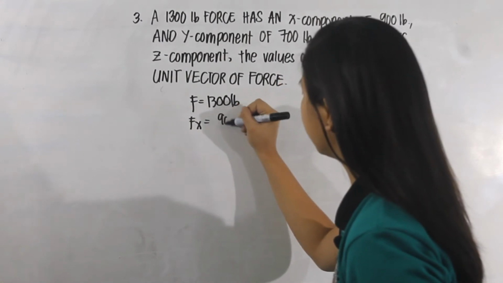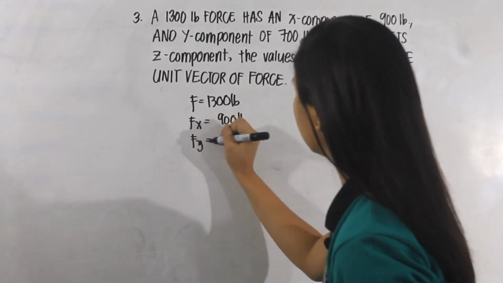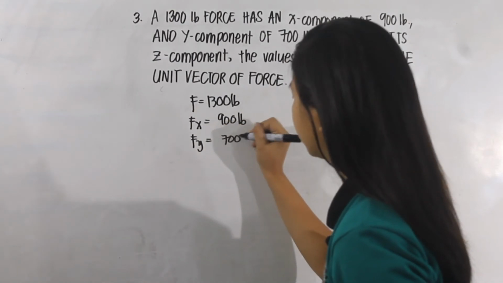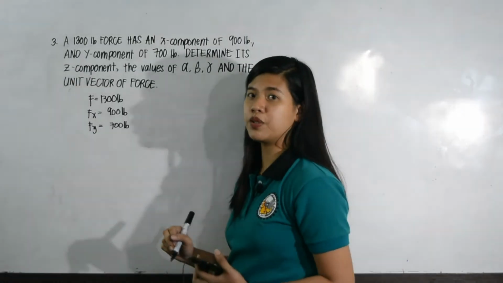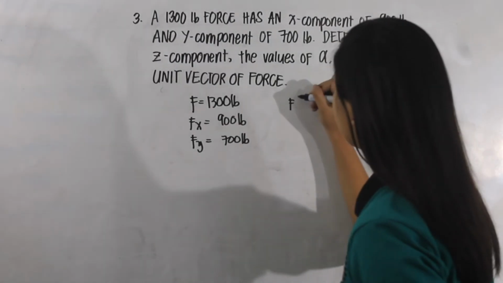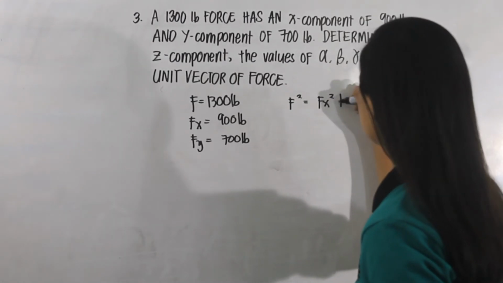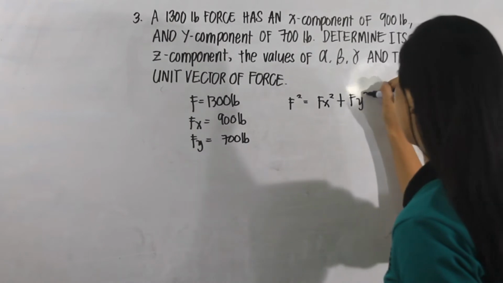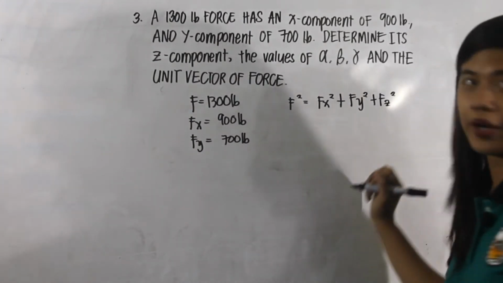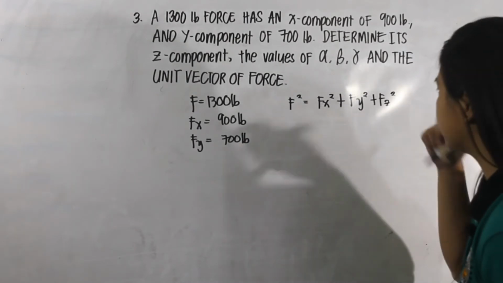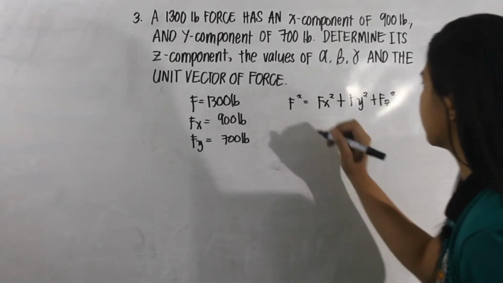Fx is equal to 900 pounds and Fy is equal to 700 pounds. In getting the Z component, we will be using this formula. F squared is equal to Fx squared plus Fy squared plus Fz squared. So, just simply transpose the Fz.